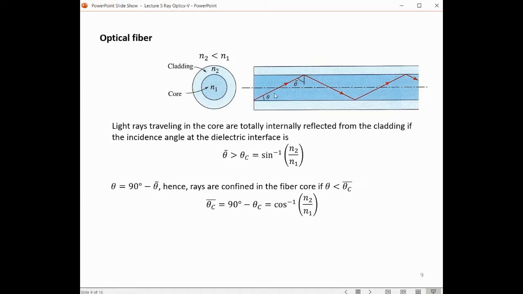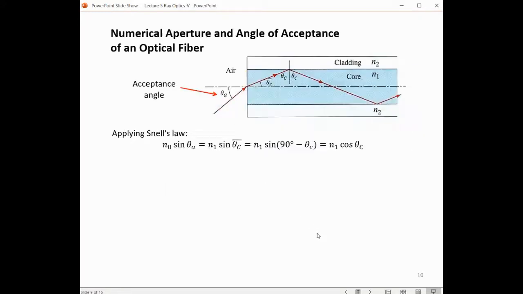So from this diagram here, this theta would then be 90 degrees minus theta bar. Rays would then be confined in the fiber core if theta is smaller than the complementary angle of the critical angle. And that's given as 90 degrees minus theta c. Here it will be given by the arc cosine of N2 over N1.